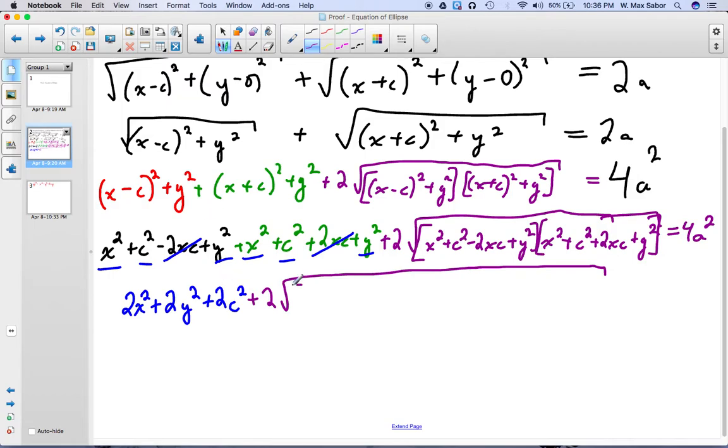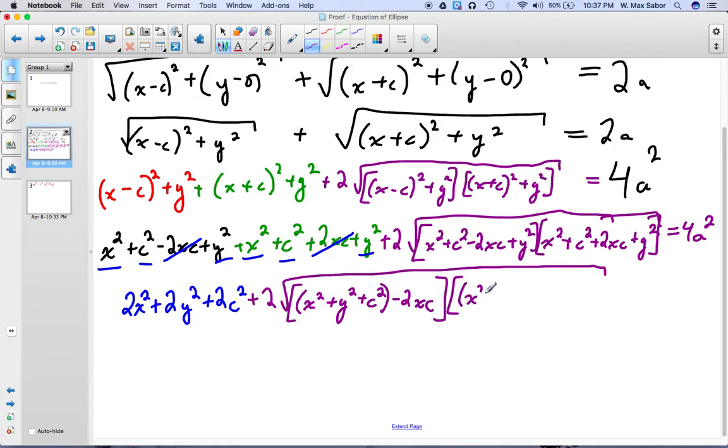I'm going to treat this as x squared plus y squared plus c squared minus 2xc as that first bracket.